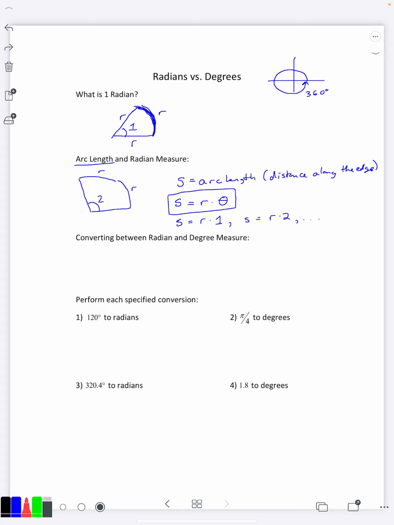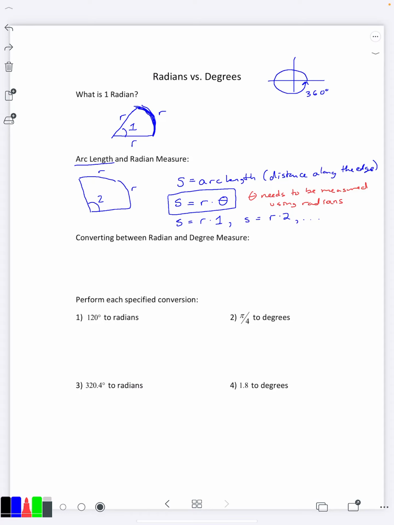But the important note is that theta needs to be measured using radians. This formula is absolutely not true if your theta is a degree angle.